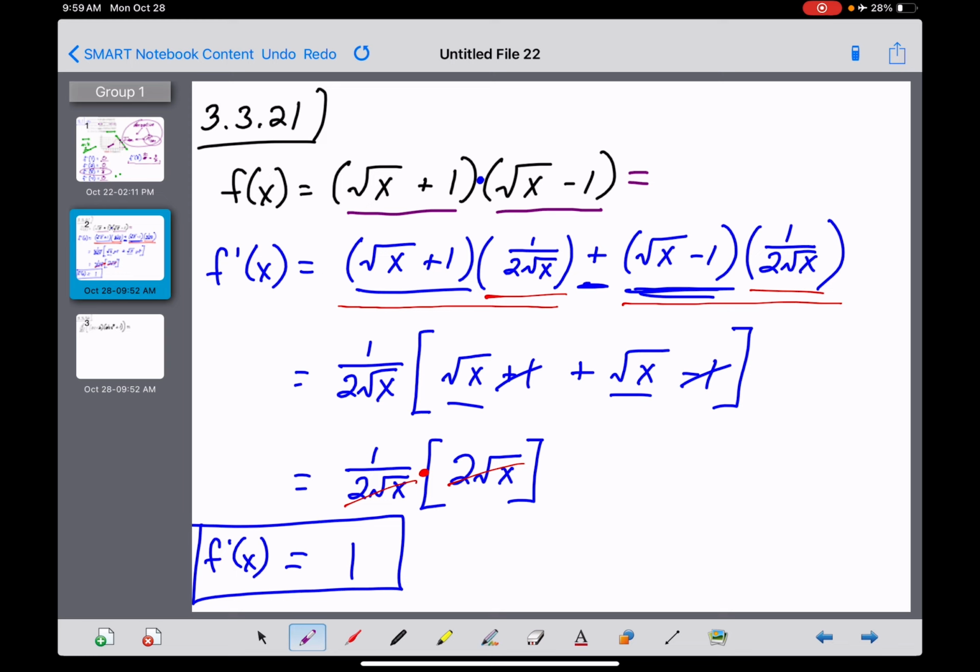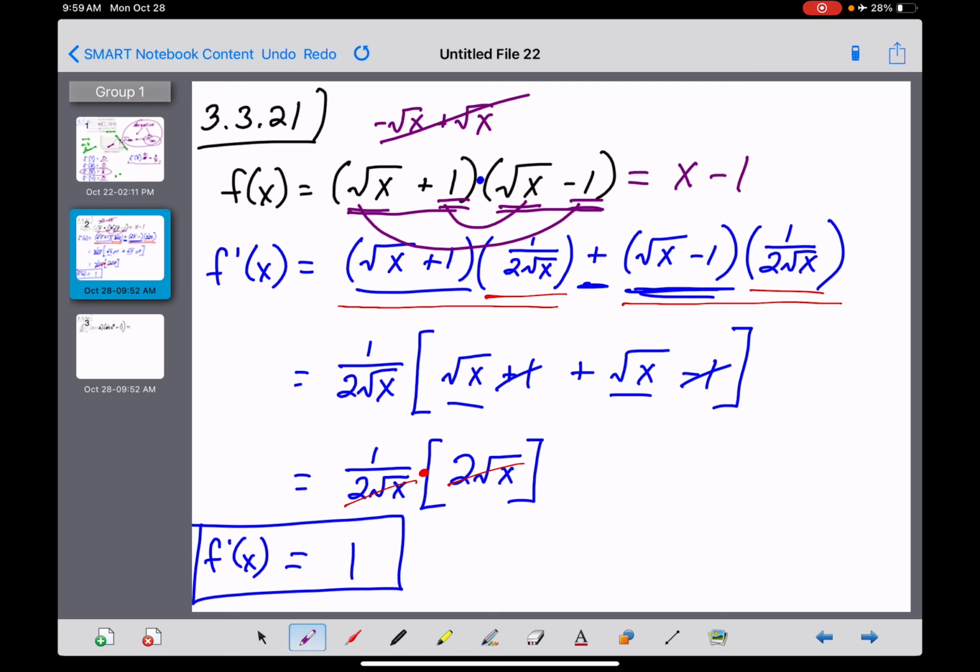So if we were to do FOIL here, guys, first product times first product, root x times root x is just going to be x. Because these are conjugates, the outer product and the inner product are going to be opposites and cancel each other out. That would get us a minus root x and then a plus root x, and sure enough, those are just gone. And then your last product is plus 1 times minus 1. So the original function, the way that it was written to us, is equivalent to the function x minus 1.